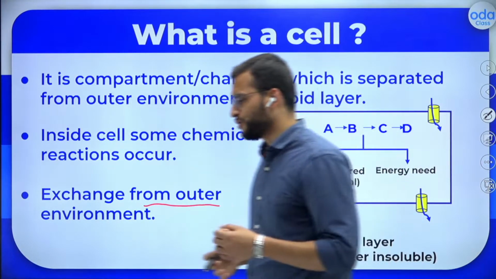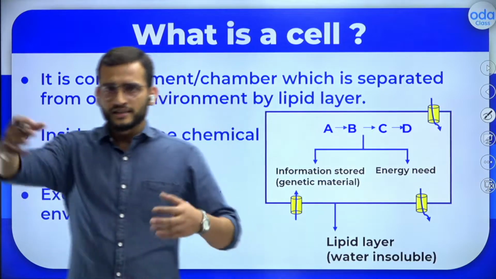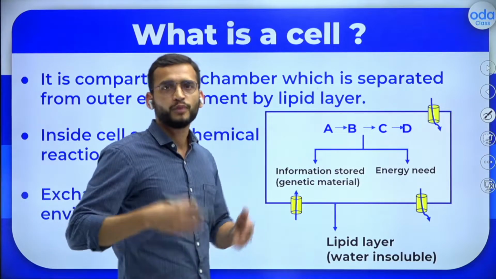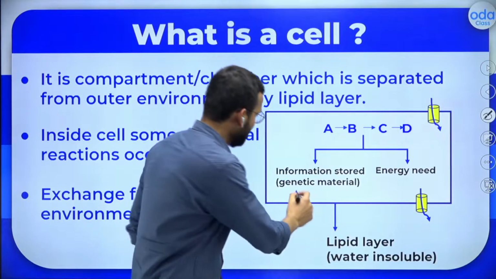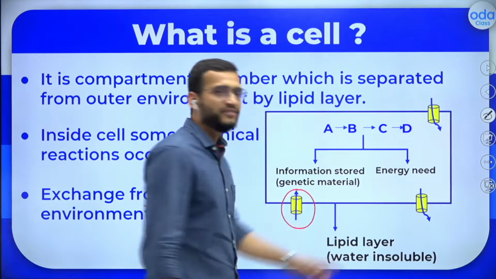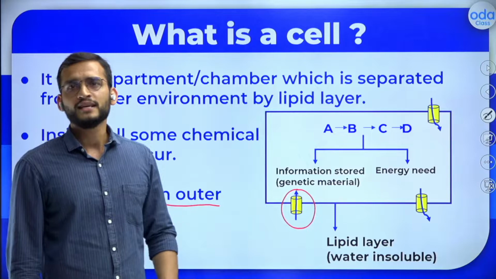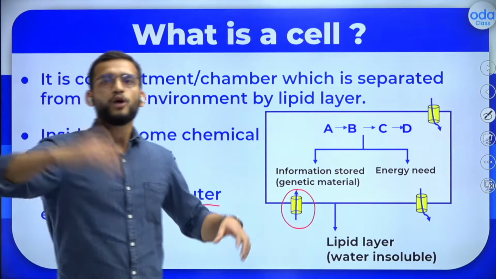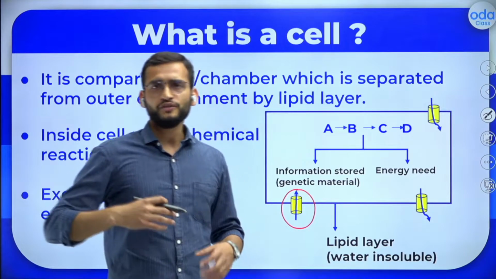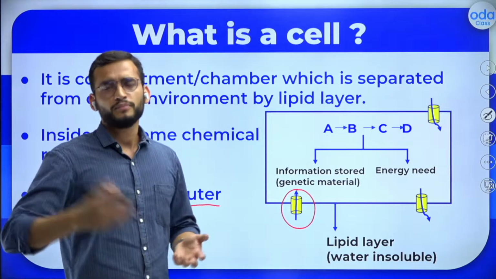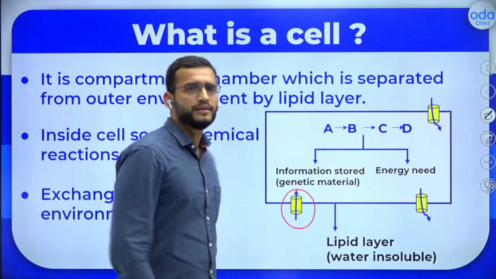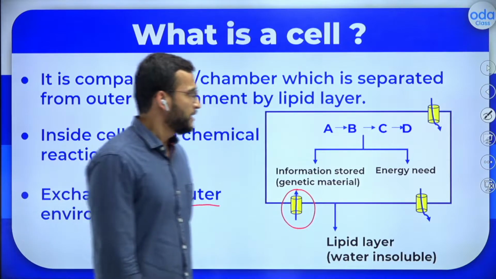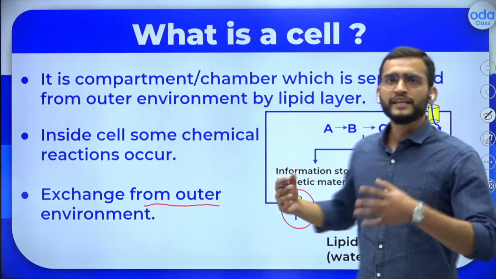In your homes also, you have gates, and people can come in and go out from those gates. Similarly, in the case of a cell, you will have these gates, which are called the membrane proteins. There are certain channels which help in the transfer of different things. You can say they act as a transportation medium. So this is what is happening in your body cells.